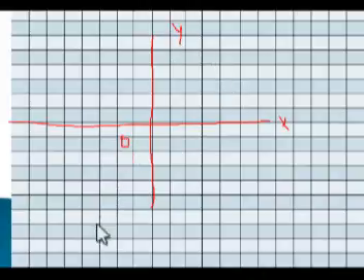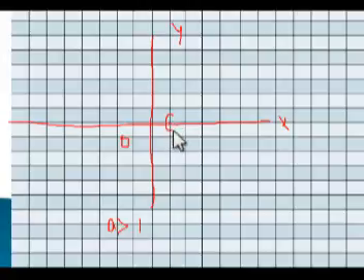We are discussing where the base a is greater than 1. The graph must pass through the point 1, 0.